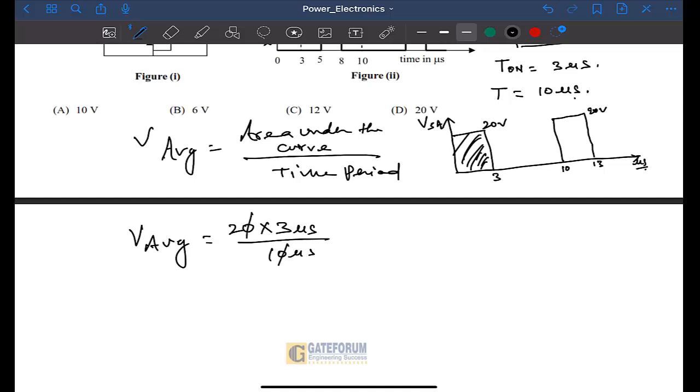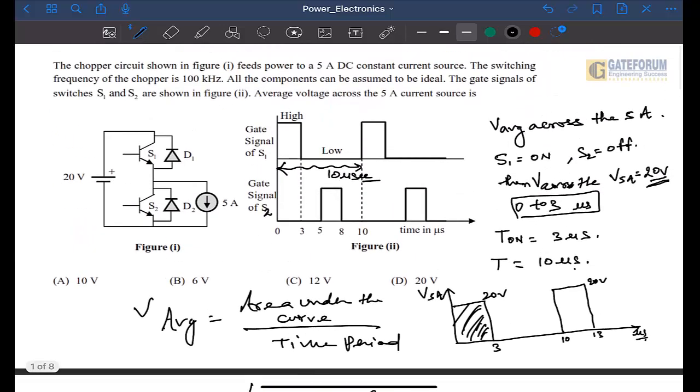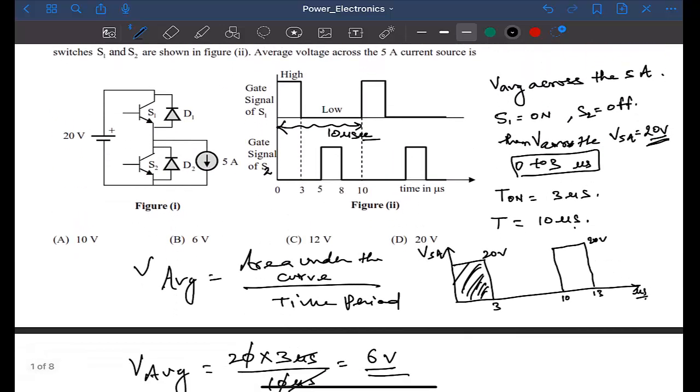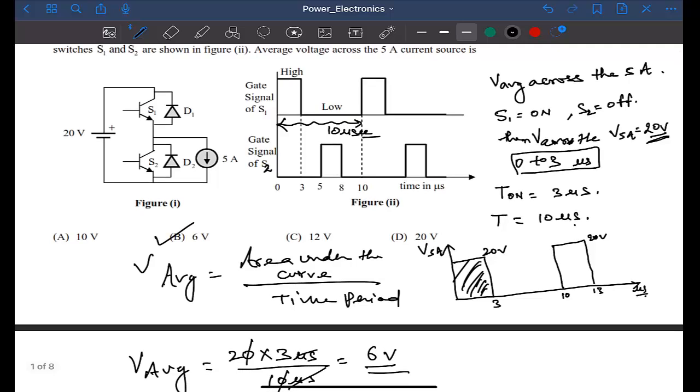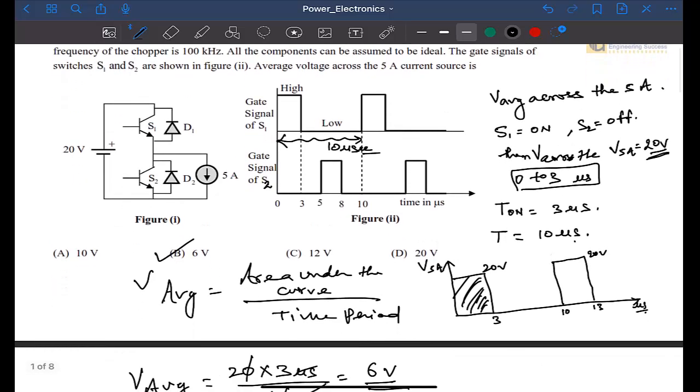The microseconds cancel out, so 6 volt. So 6 volt will be the average value of voltage across the 5 ampere current source. Option B is correct. So this was a very easy question from chopper.